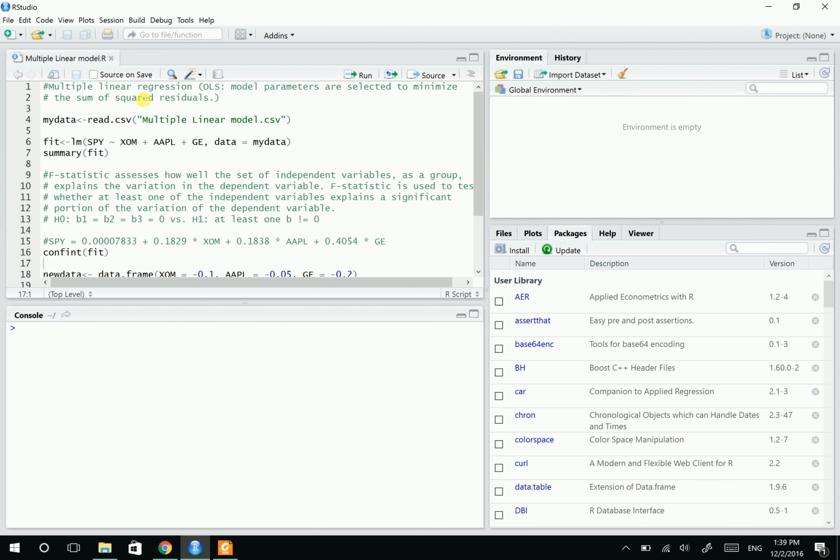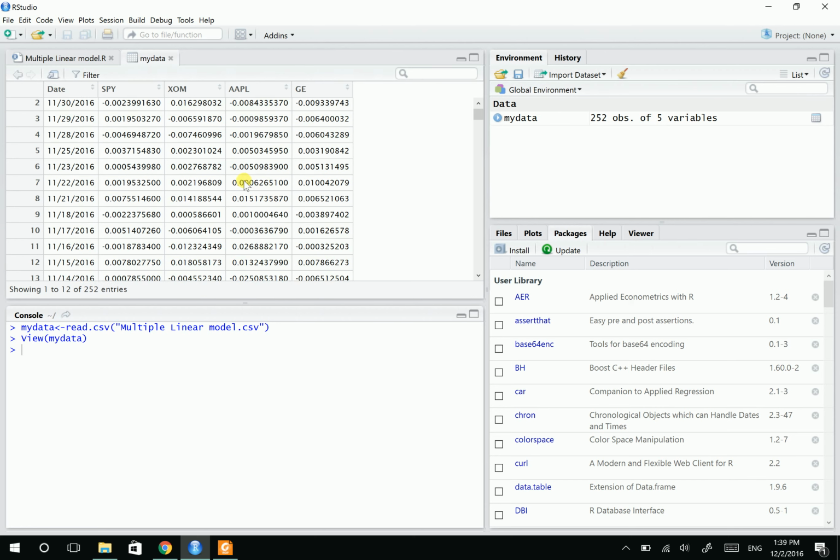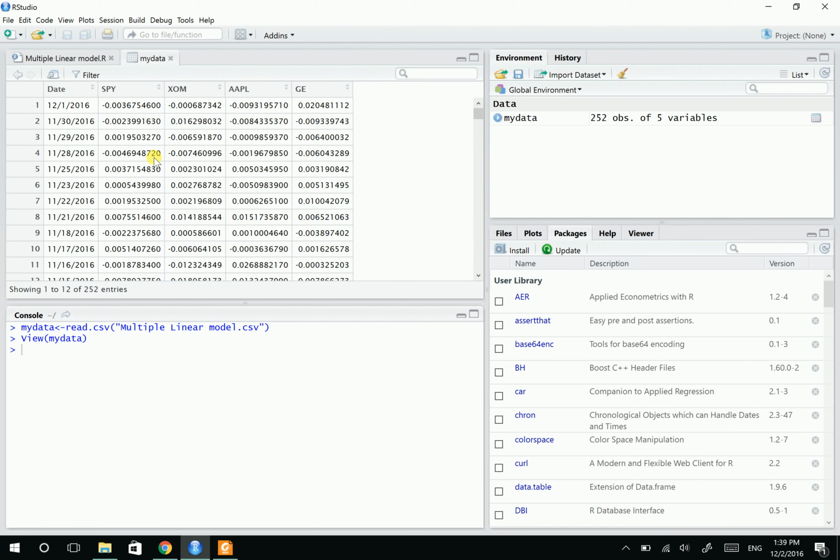First, we're going to have the data. Let's check it out. My data is the stock returns of SPY, Exxon, Apple, and GE. What I'm going to do is run a regression on SPY, standing for the market, against Exxon, standing for the energy industry, Apple, standing for the technology industry, and GE, standing for manufacturing.